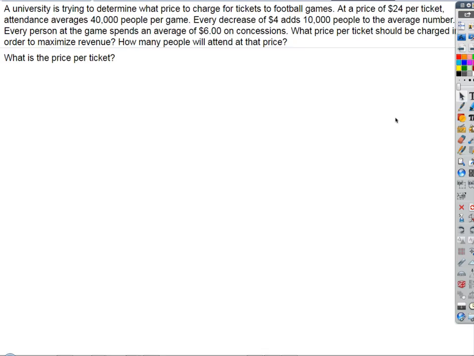Okay, so the ultimate equation here is that we're trying to maximize revenue, right? So what's revenue going to be? It's going to be price times X, if X is the number of people.